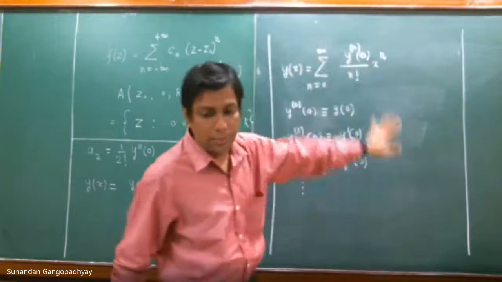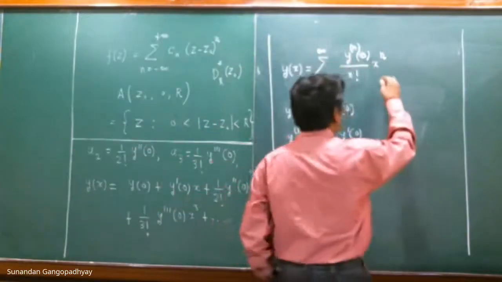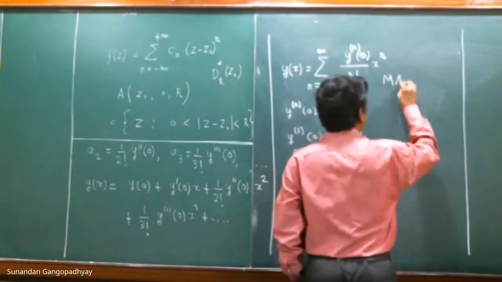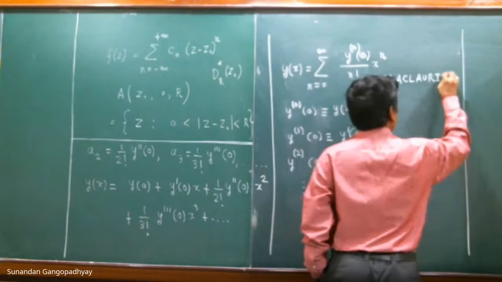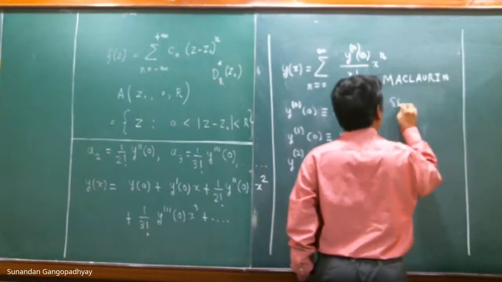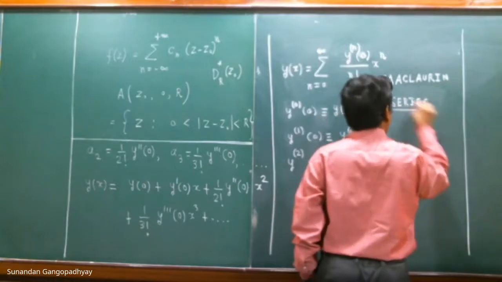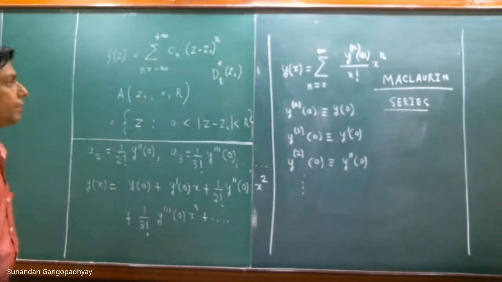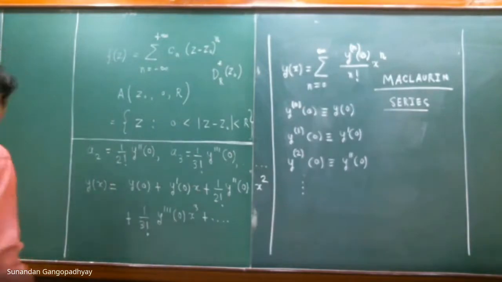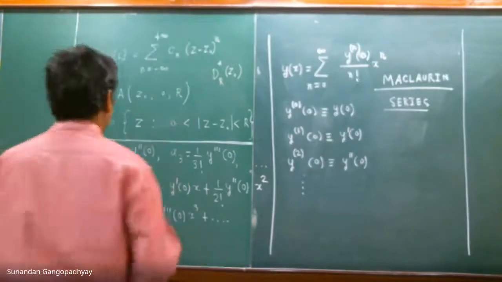This is basically the Taylor series expansion, or you can also call it the Maclaurin series. So this is the Maclaurin series expansion of the function of a real variable.